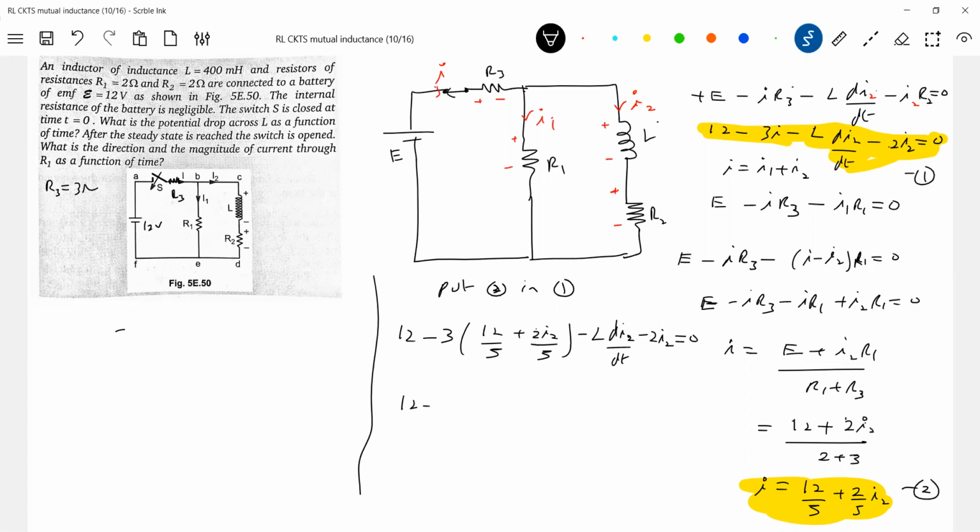So this 12 minus 36 by 5, that is 24 by 5, minus 6 I2 by 5 minus 2 I2, which is 16 I2 by 5, equals L di2 by dt. Solving this, we'll get the equation for the current I2.